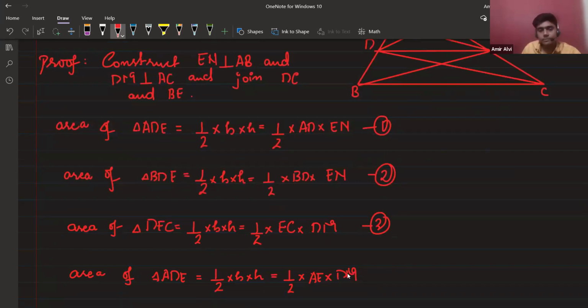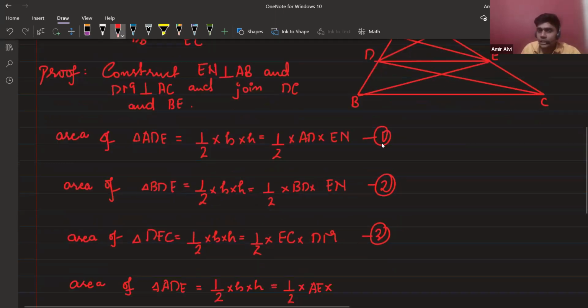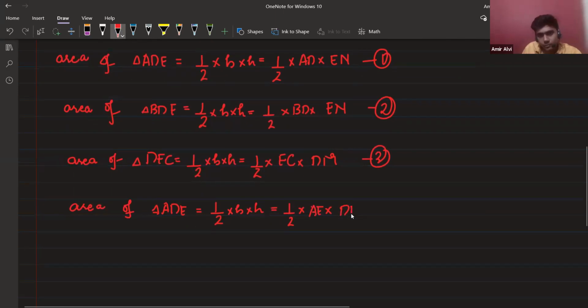Yes or no, Adil? Yes, very good. But in this case, AE will be the base for this triangle because the perpendicular DM is on AE. Clear? Yes. So this is your equation number 4.